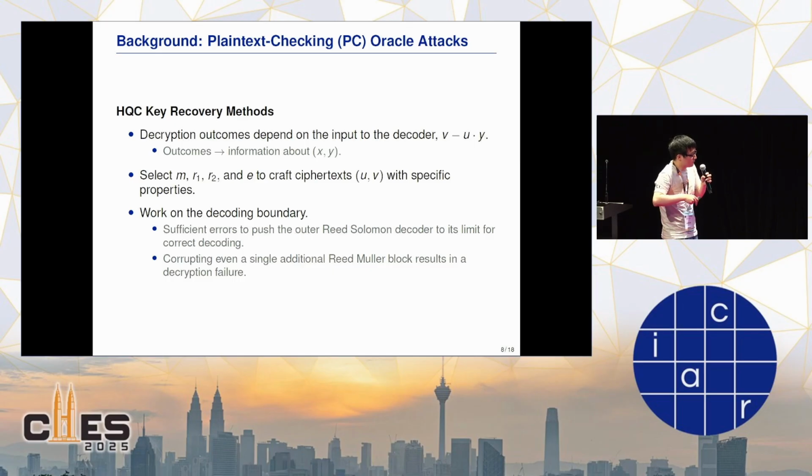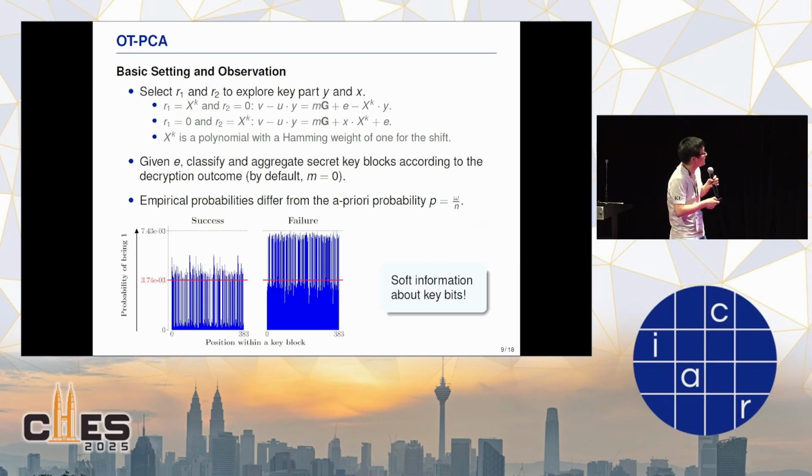Then we corrupt one single additional Reed-Muller block. If this results in a Reed-Muller decoding failure, then it may lead to a decoding failure for the whole concatenated decoder. Otherwise, it may succeed. So this is the basic setting for our OTPCA.